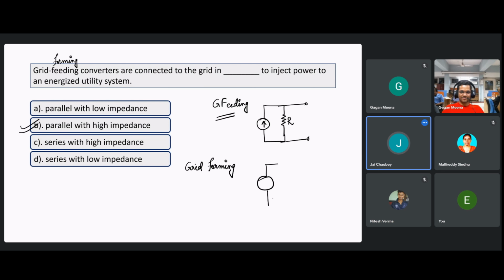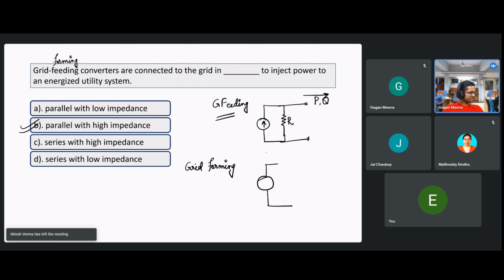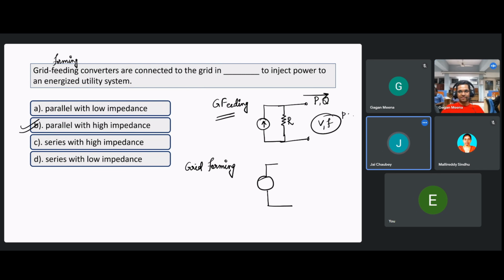In grid feeding, we are pushing constant P and Q. We are taking reference of voltage and frequency from the PCC, and then we are feeding P and Q. In grid forming, we want to maintain a reference voltage and frequency.